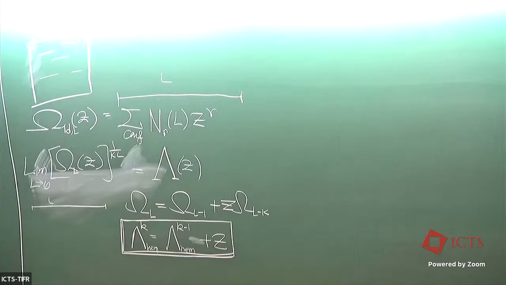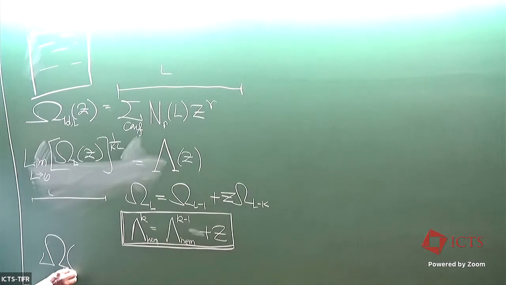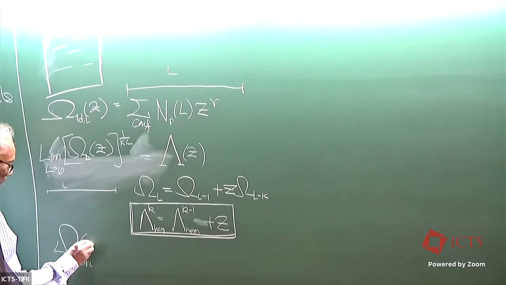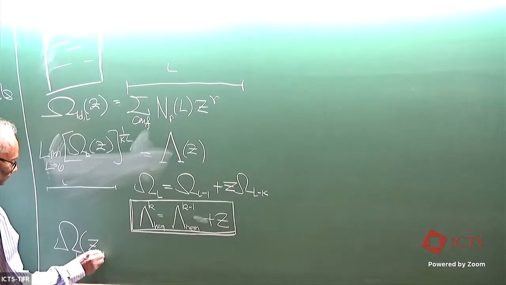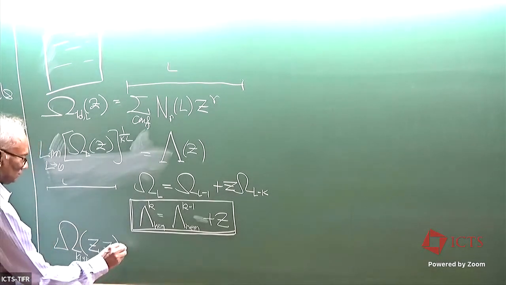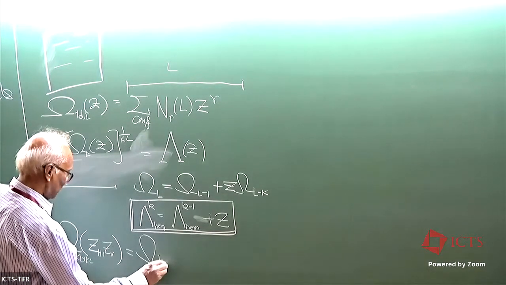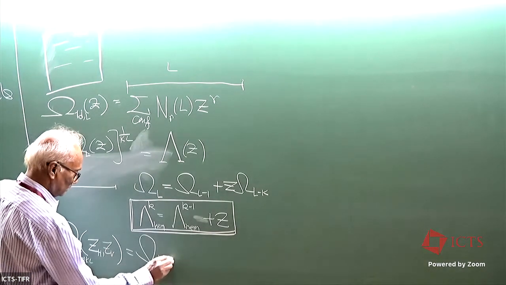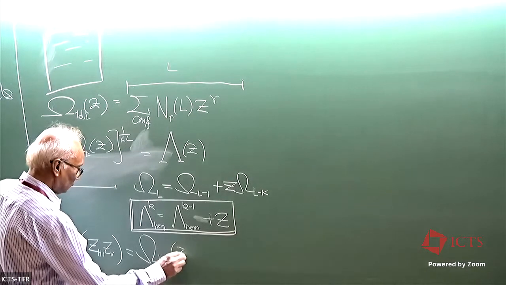And so I will write omega of KL by KL, and this, with z horizontal and z vertical for two different activities, will be omega KL cross KL, z horizontal, 0.